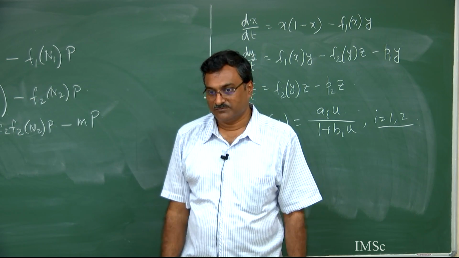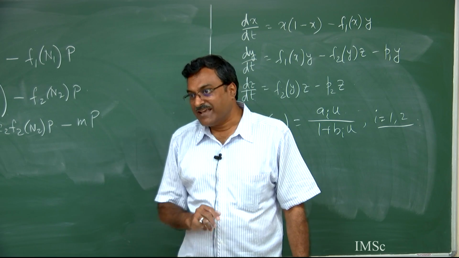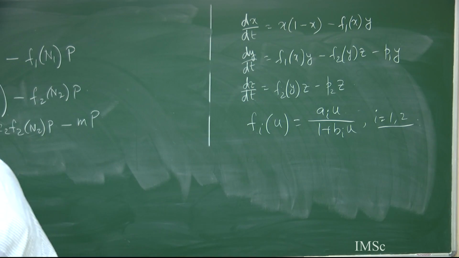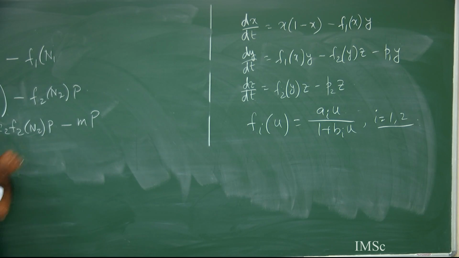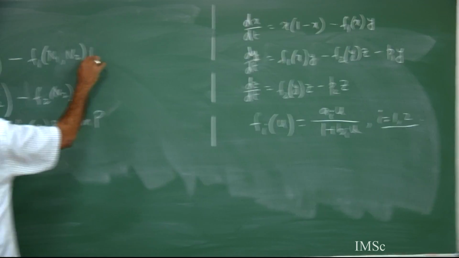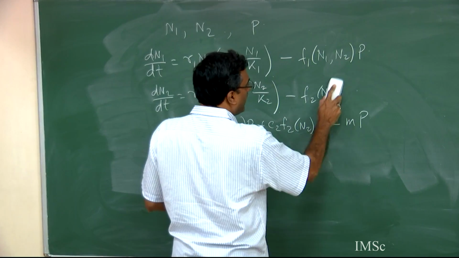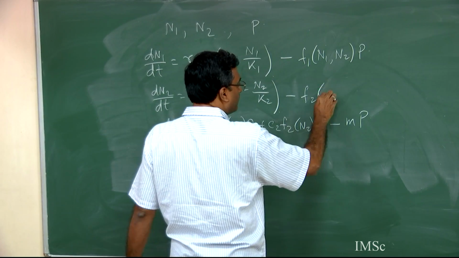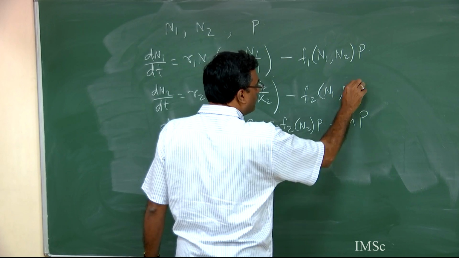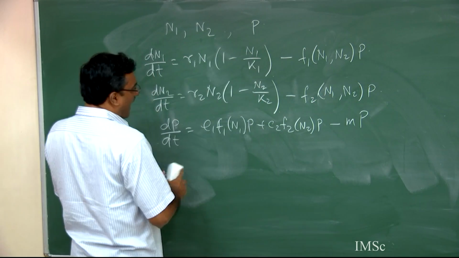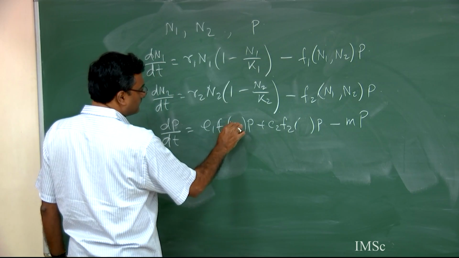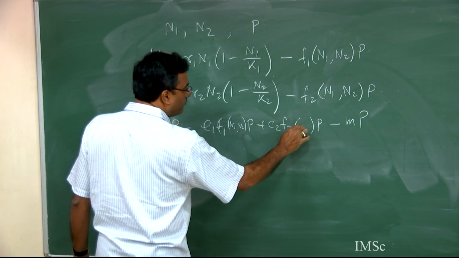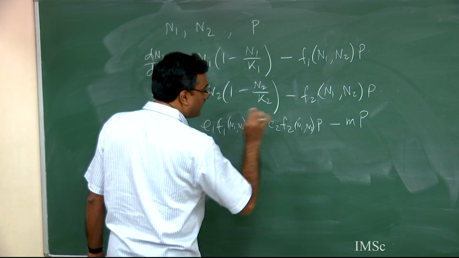Why not? So in that case, what will be the modification in the model? The modification will be F1 of N1 N2 times P, F2 of N1 N2 times P, and accordingly these arguments will be N1 N2 and N1 N2.